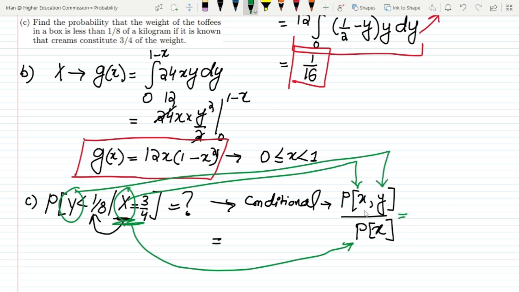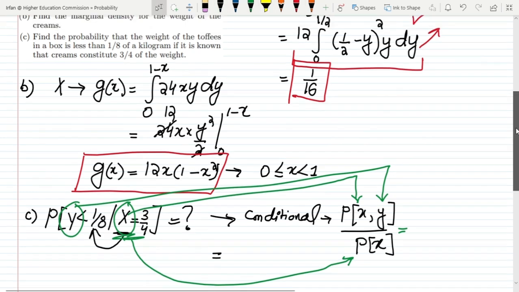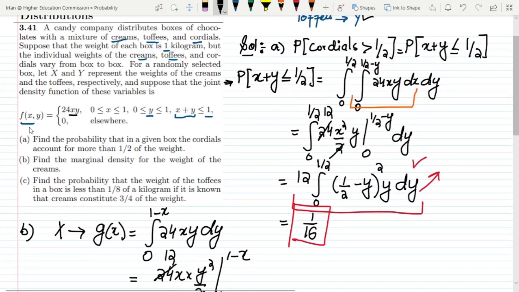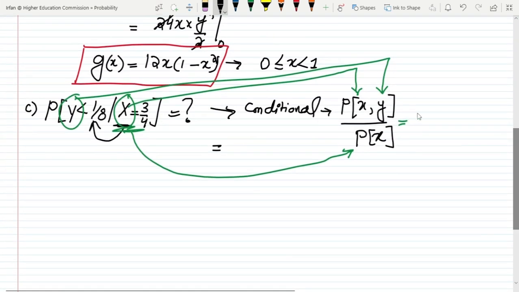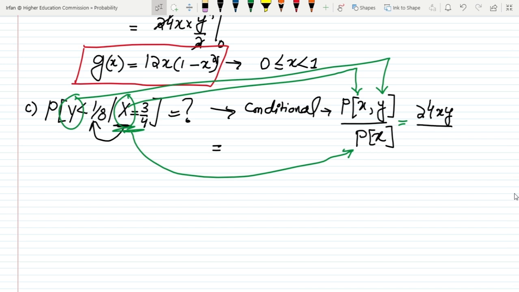Now writing their values, do we know the probability of x, y? Yes, this is already given in the question, which is 24xy. Let me write it here, 24xy. And the probability of x, do we know it?